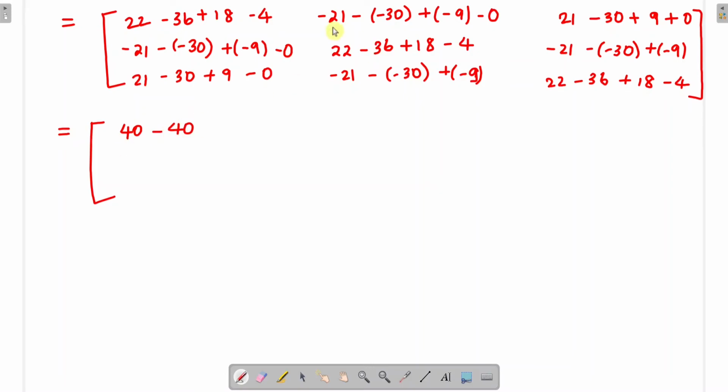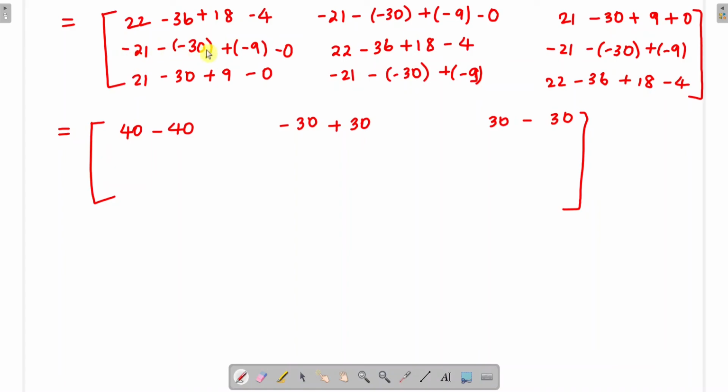So 40 minus 40. Then what we will get here, minus 21 plus of minus 9 will be minus 9, so minus 21 minus 9 will be minus 30, minus of minus 30 will be plus 30. Then 21 plus 9 is 30 and minus 30 here.